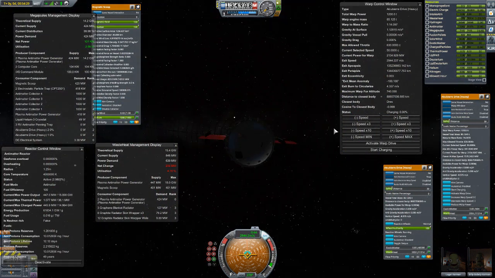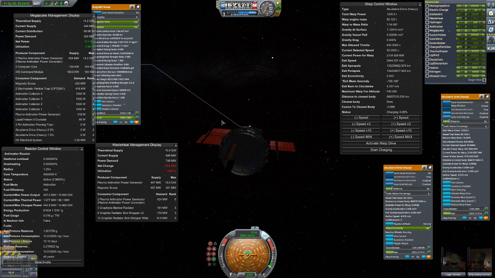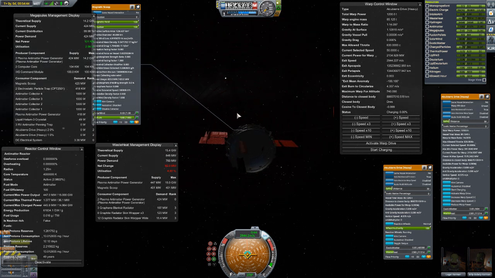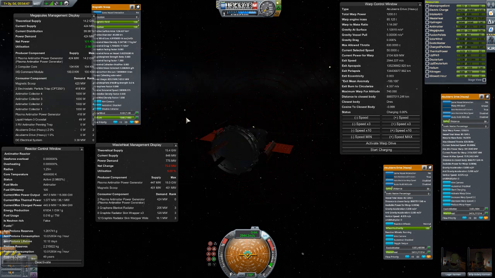Okay, so at this altitude, what is this? 134,000 megameters. So what is that, a tera gigameter? 134,000. I don't know. We're up there. We are super, super far away.